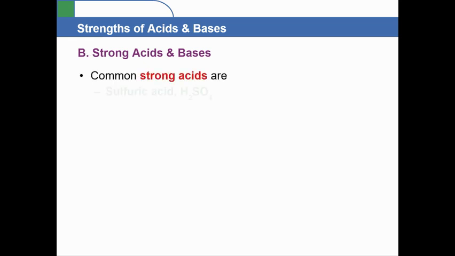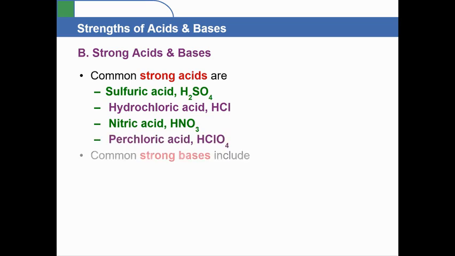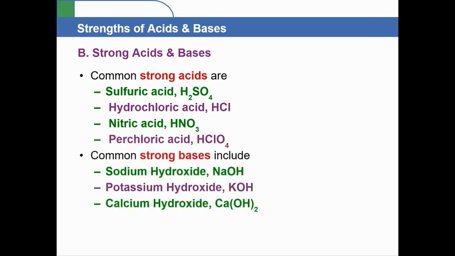Now, some common strong acids and bases are as follows. A lot of these you may have heard of, like sulfuric acid, which is found in car batteries, hydrochloric acid, which is in stomach acid, nitric acid, perchloric acid. All of these are strong acids.